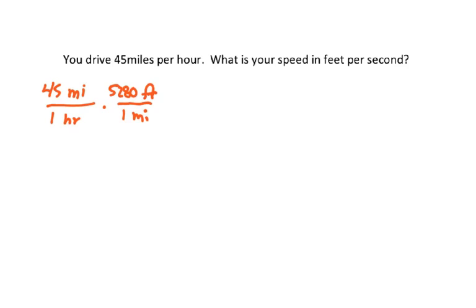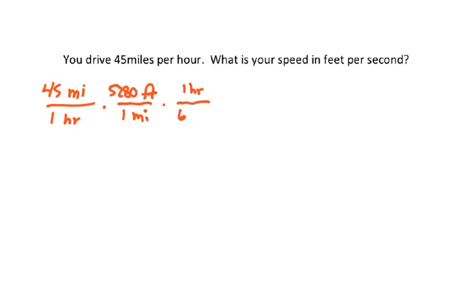Now, I'm kind of smushing this in here because I have a couple of other conversion factors to go because I don't know how many seconds are in an hour, but I do know how many minutes are in an hour. I know that 1 hour contains 60 minutes. The hour has to be on top to cancel with the hour on the bottom.